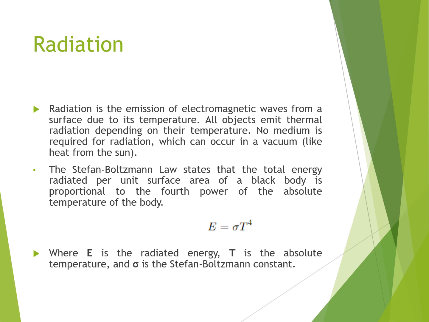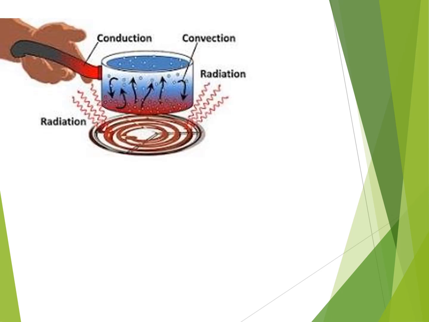Okay, E is the radiated energy. We can also refer to it as Q, and T is the absolute temperature, and sigma is the Stefan-Boltzmann constant.